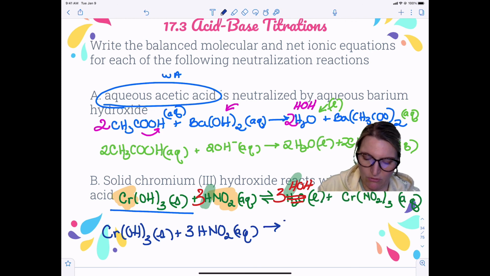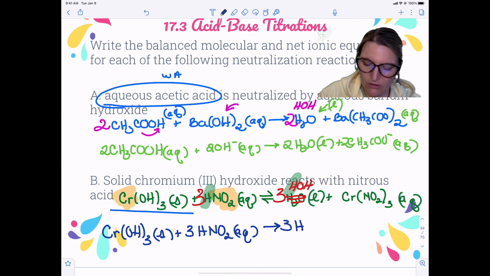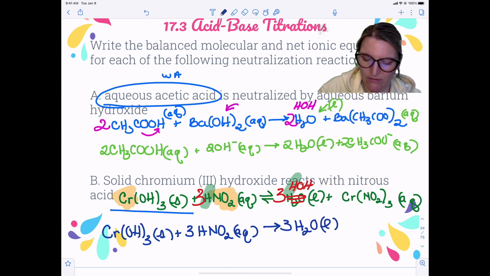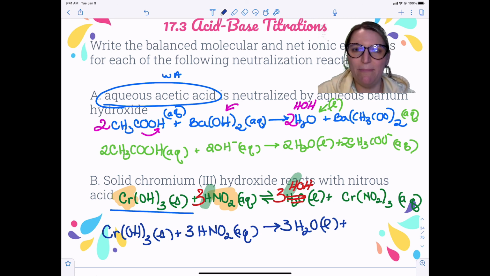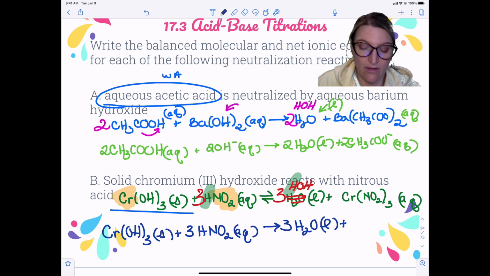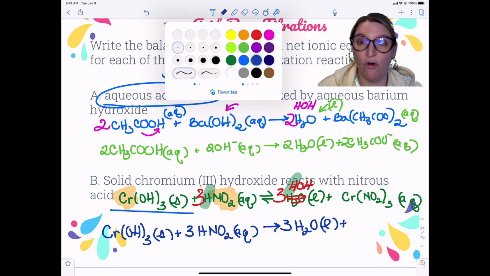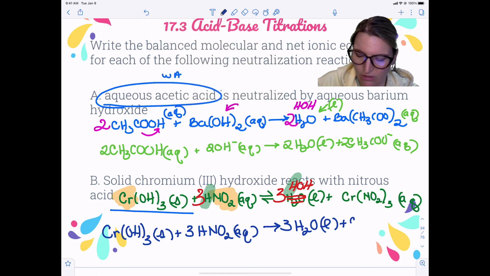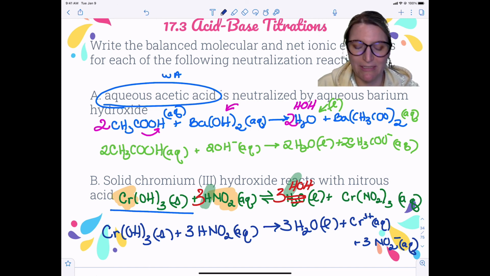Liquids, I don't dissociate that. So H2O or HOH, it really doesn't matter. Chromium nitrite, if we take that chromium nitrite is soluble, which I'm pretty sure it is, then I could just dissociate that into Cr3 plus aqueous plus 3 nitrite ions, also aqueous, but I don't get to cancel anything out. No spectator ions here.